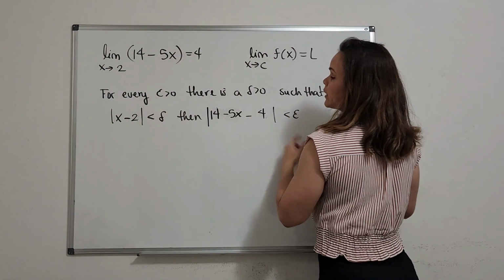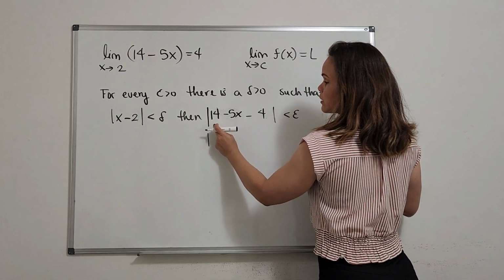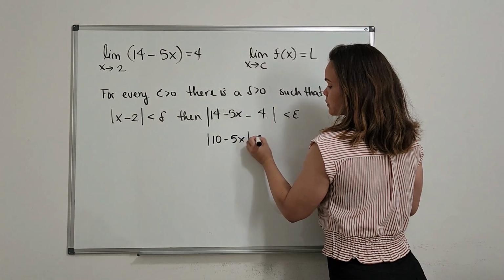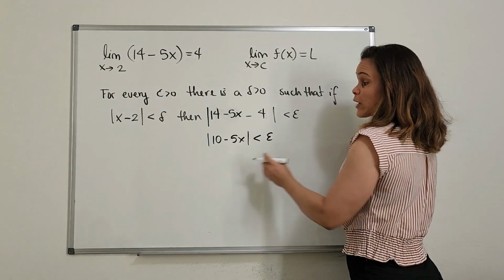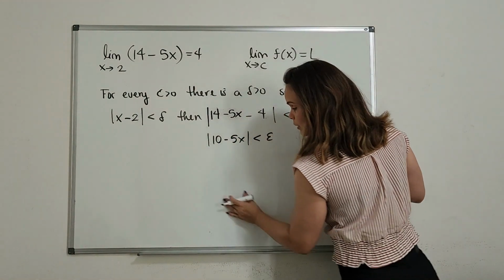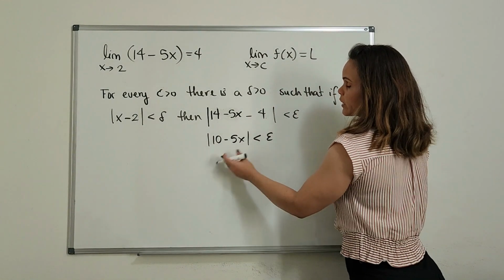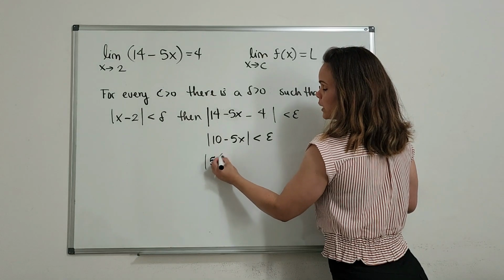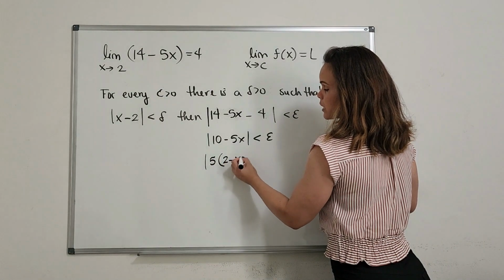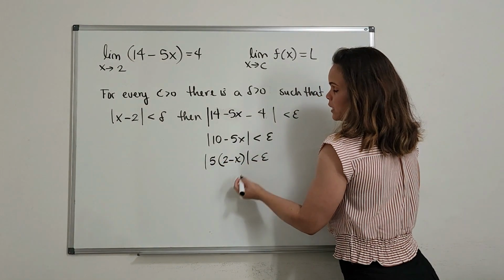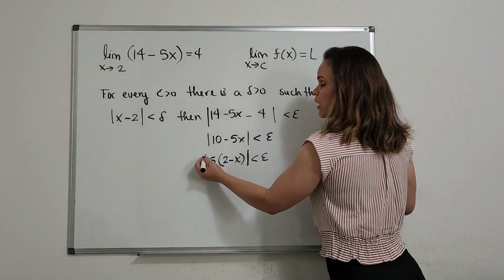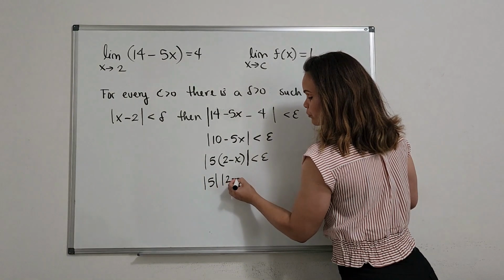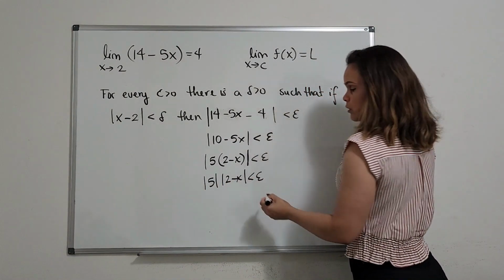So if I simplify here, I can subtract the 14 minus 4, which is going to be the absolute value of 10 minus 5x less than epsilon. And my goal here is to find an x minus 2. So I can factorize here. I have a 5 as a common factor, and I'm going to have here a 2 minus x. I'm getting closer. And I have the absolute value of a product, which I know is the product of the absolute values.